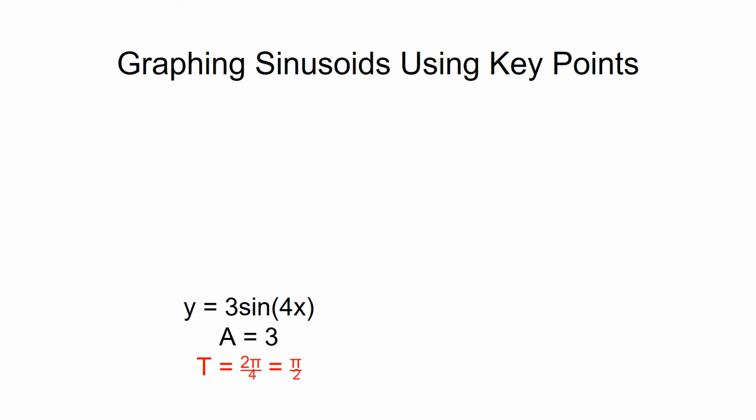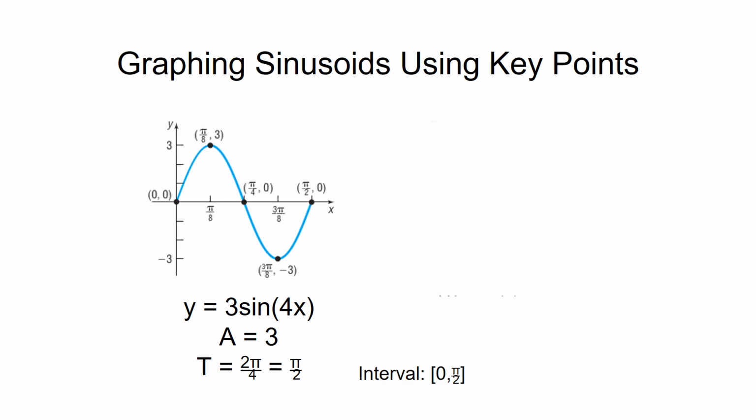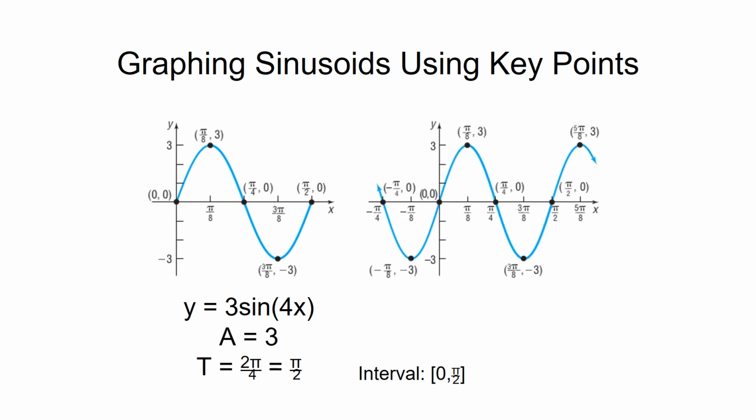Here that means that T is equal to pi over 2. We graph this sine function on the interval 0 to pi over 2, and we obtain this graph as shown. Note the 5 key points are included. Since we graphed a full period, we can graph the entire function by repeating the period as shown.